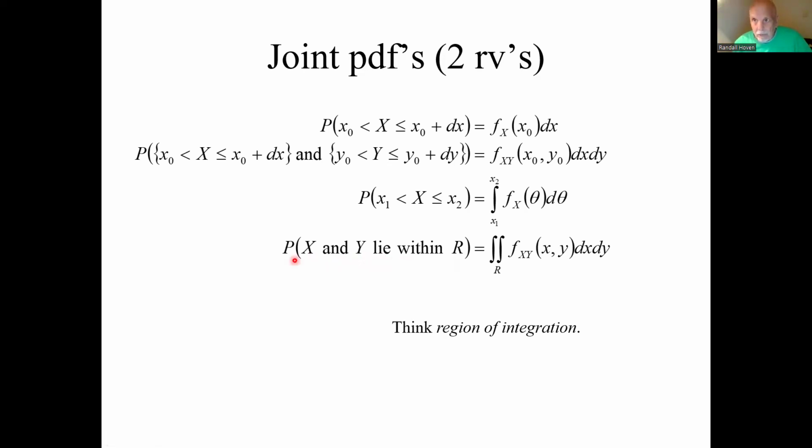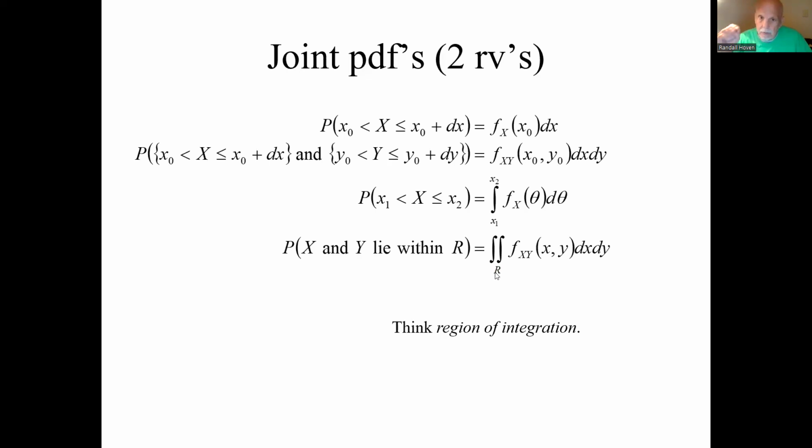The probability that x and y lie within some region of the xy plane is this definite integral. You integrate the joint PDF over that region.